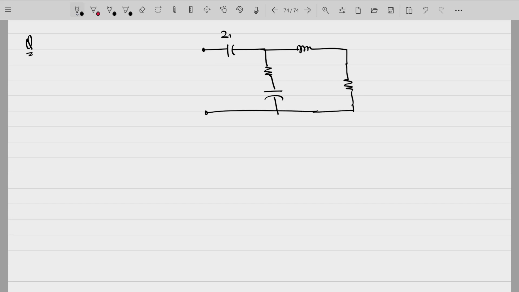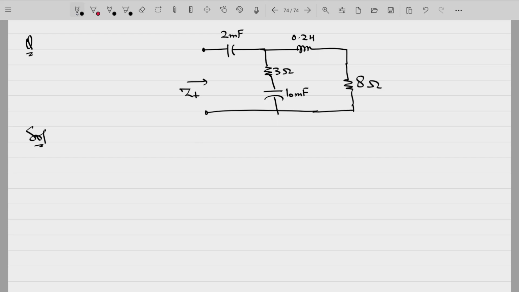You have a capacitance here of 2 microfarad, an inductor of 0.2 Henry, a resistance of 3 ohms, a 10 microfarad capacitor, and an 8 ohm resistance. You want to find out the net impedance of this circuit.